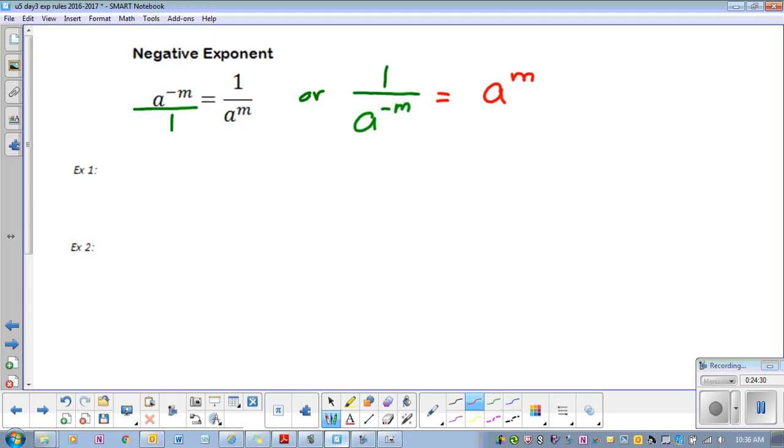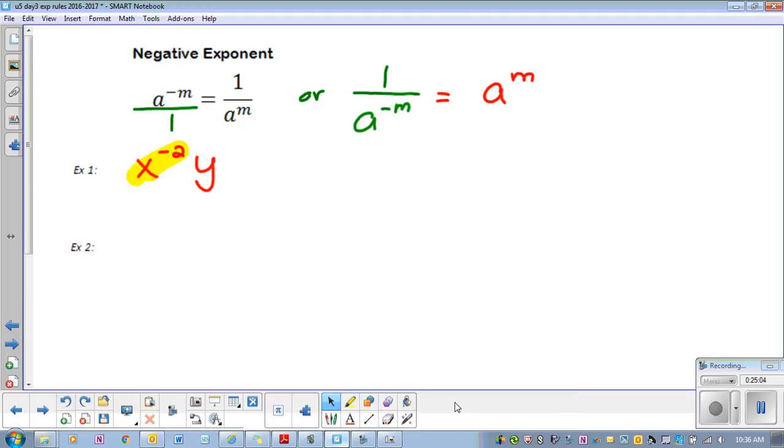So if we had x to the negative 2, and then we have y, as our example. Which one of these has a negative exponent? The x or the y? The x. Okay. So the x has a negative exponent.